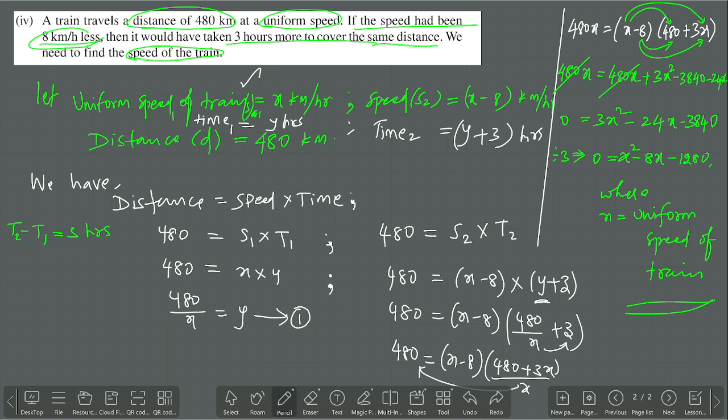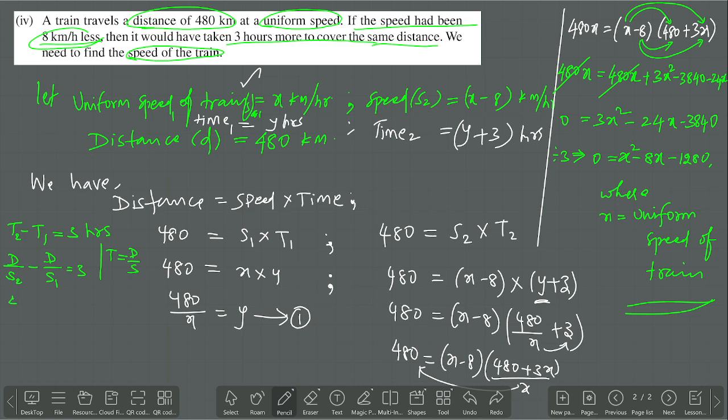Do you understand? Right. Time equals what is the formula? Distance divided by speed. Can you accept? So time 2 means distance divided by speed 2, minus time 1 means distance divided by speed 1, equals 3.